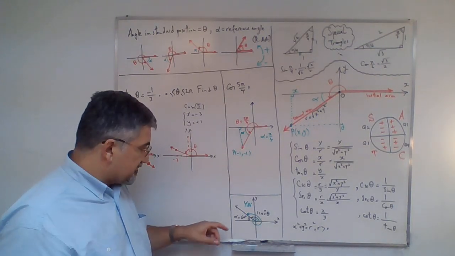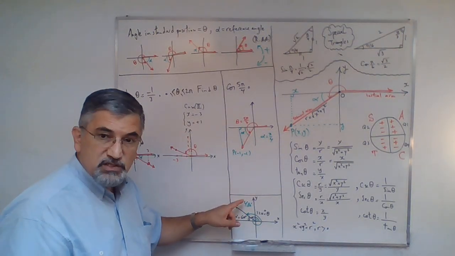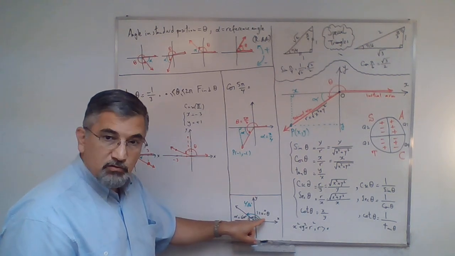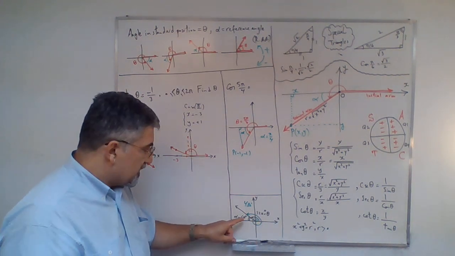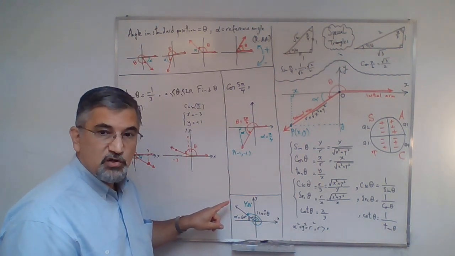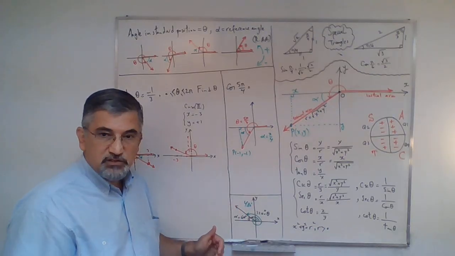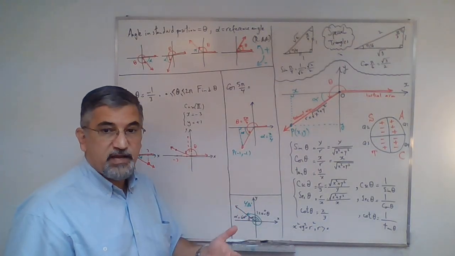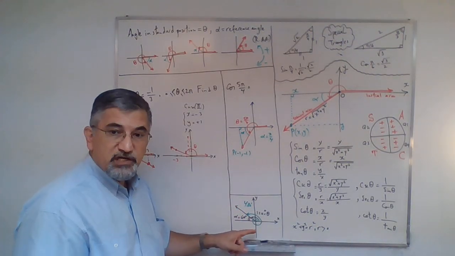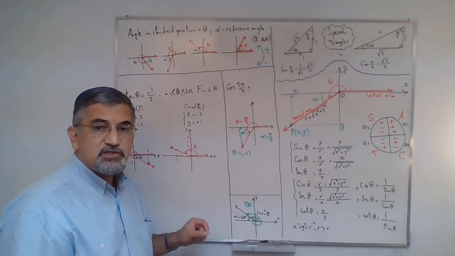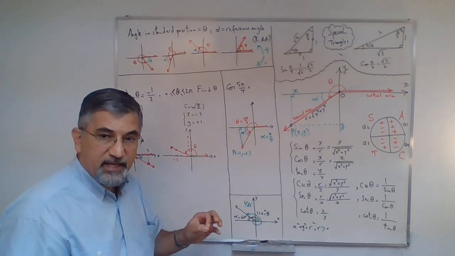But this angle 480 degrees and our original angle 120 degrees, they both have the same terminal arm. In these cases, when we have two angles or three angles or 10 angles which share the same terminal arm, we call these angles coterminal angles.